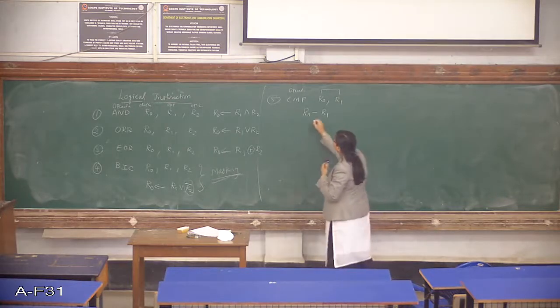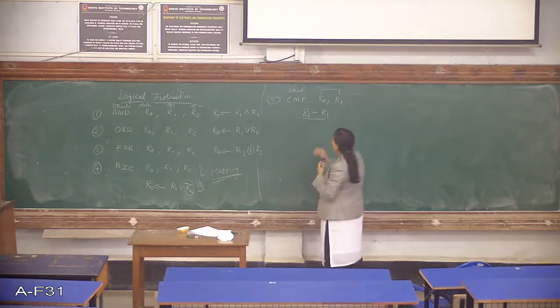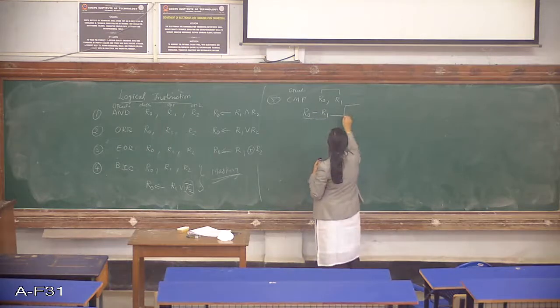So when you call the compare instruction, you'll be doing R0 minus R1. You'll have three outcomes from this.